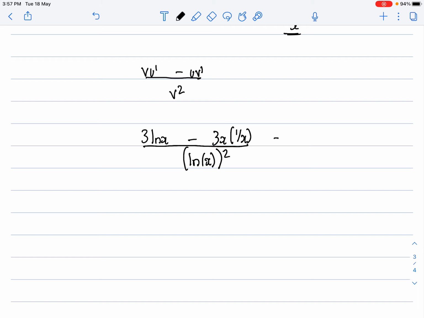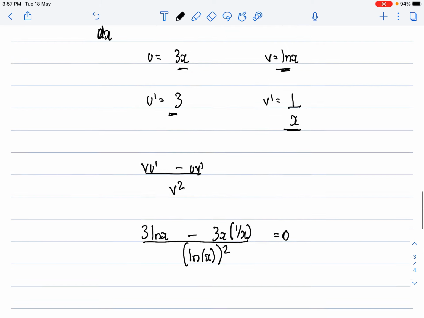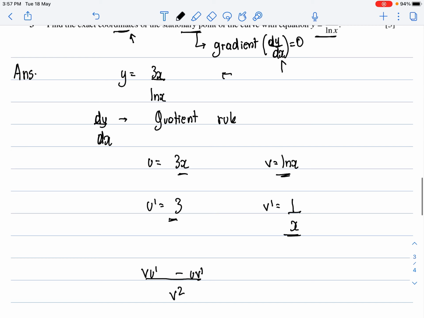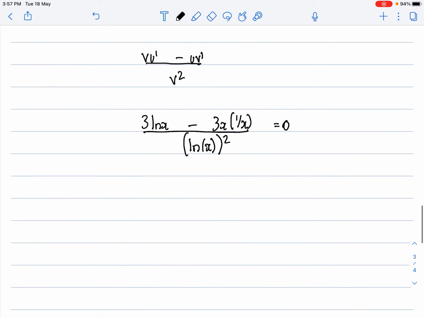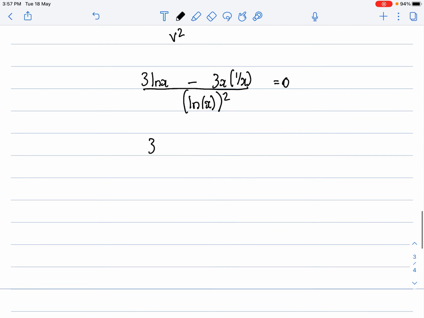And this is equal to 0 because, as I told you, it's a stationary point, so my gradient is equal to 0. Now I can write this as 3 ln x minus, I can cancel x and x here, to get 3, which is equal to 0, because when ln x squared goes to that side it becomes 0.